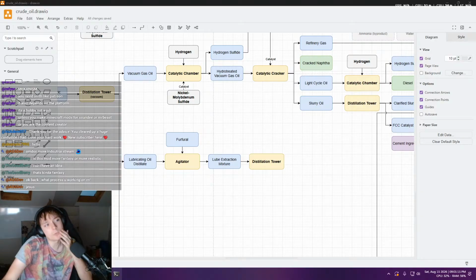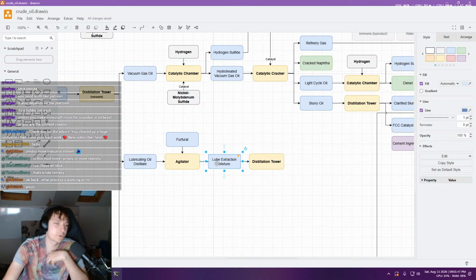I'm just trying to figure out, can we get rid of some intermediaries here? I would say no. Honestly, even a lube extraction mixture, we don't really need that.